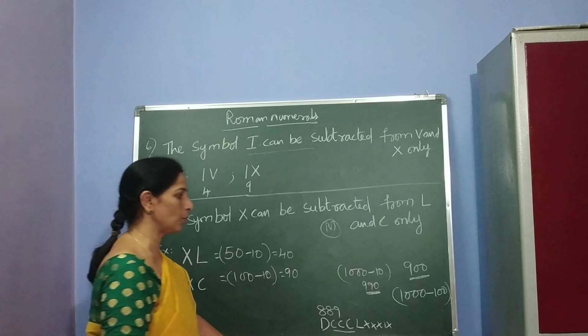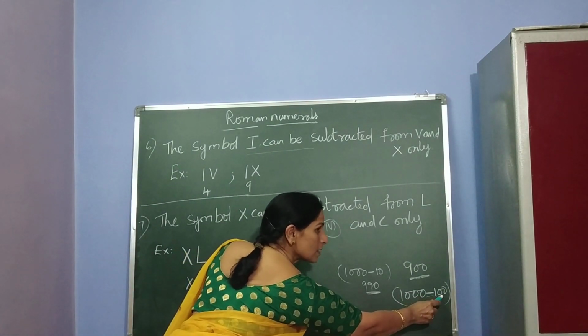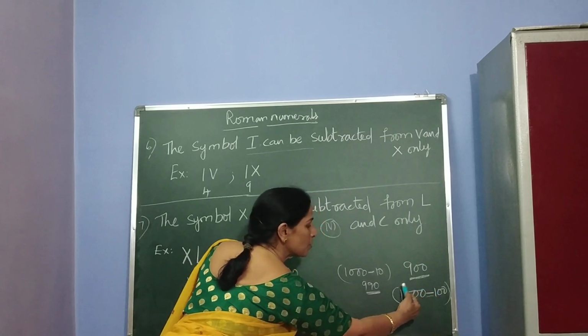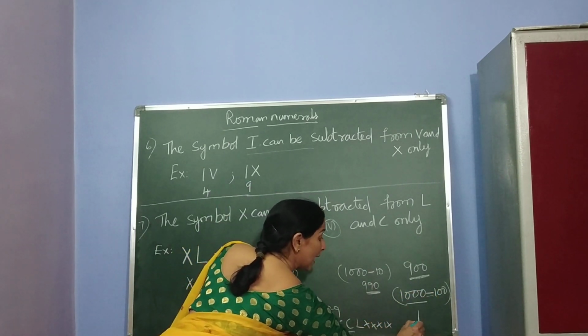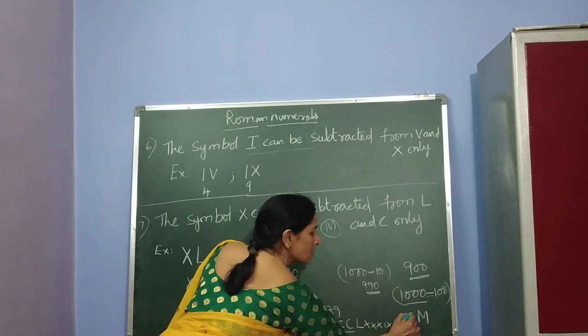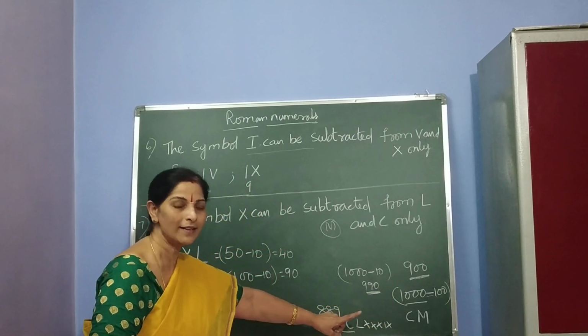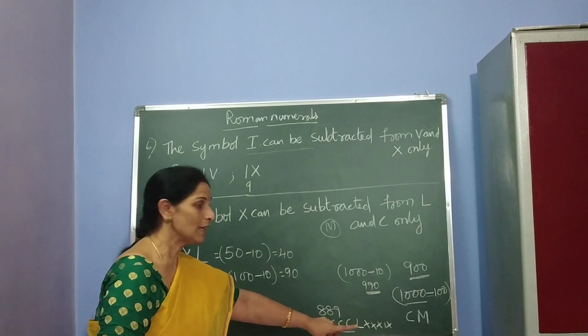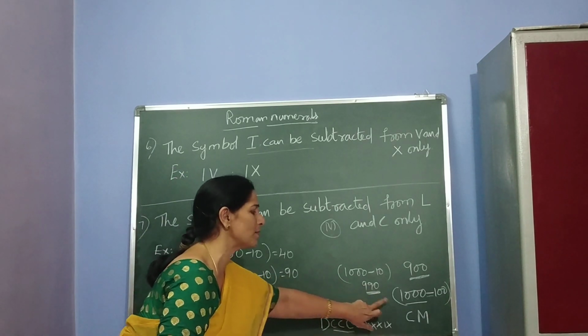You learned the rule: when the subtraction is given, the smaller value should be written to the left of the greater value symbol. 1000 symbol is what, children? M. 100 symbol is what? C. CM. What do you mean by that? 900. So 900 symbol is CM.